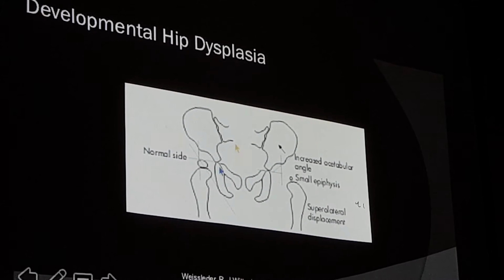So usually there is a vascular necrosis from the vascular insult. And what happens is your epiphysis is small, and you will have corresponding developmental changes involving the hip.